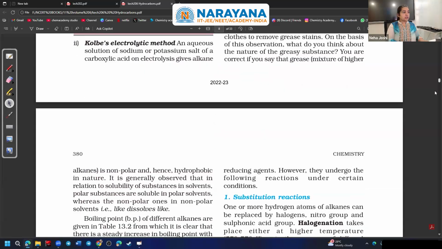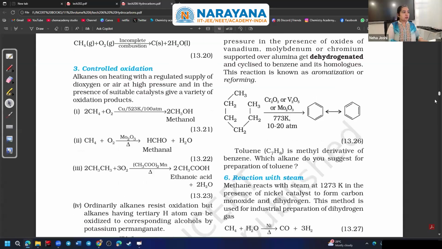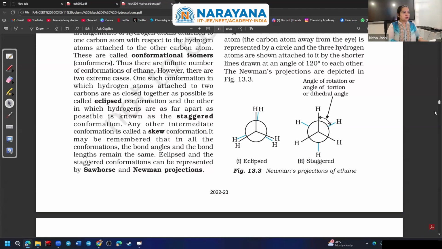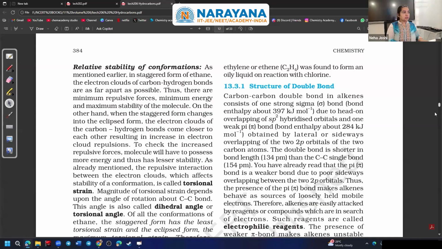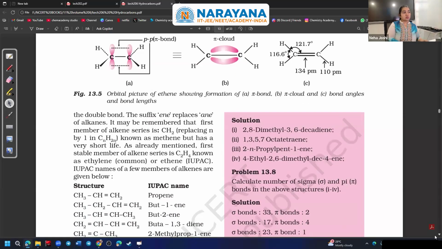This is the alkanes portion. Yesterday we did this: all of pyrolysis, conformations, done. Coming to alkenes. Okay, see how they are giving the bond angles and all. You have to keep notice of all these structures also, because anytime they can ask questions from these structures.